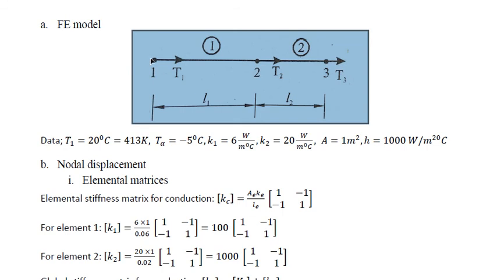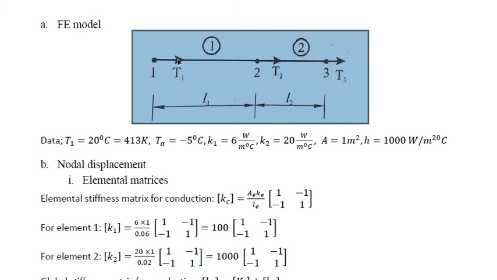This is the 1D element. Since there are two materials, two walls, the first wall is taken as element 1, the second wall is taken as element 2. We have to take two elements because there is material discontinuity. So this is node 1 and node 2, which belong to the element 1. Node 2 and node 3 belong to element 2. Node 2 is common for both the elements.